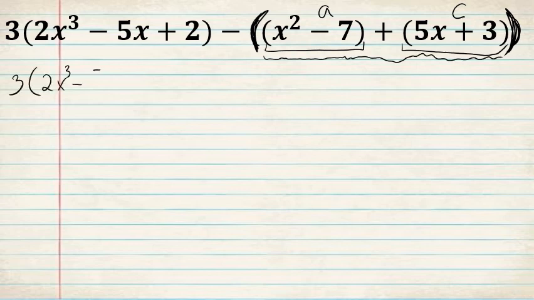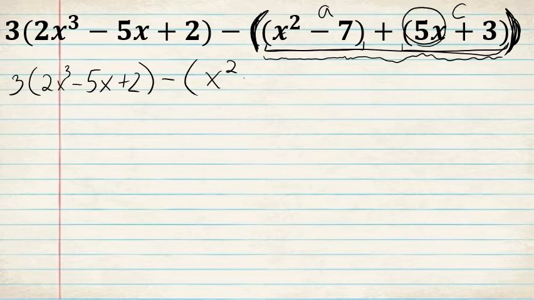Copying down the first part of this expression unchanged, and then combining the like terms inside the parentheses of the second term, x squared. There's not another term that has an x to the second power, so that will remain unchanged. Next, I'm going to write 5x. The x to the first term does not have a like term.